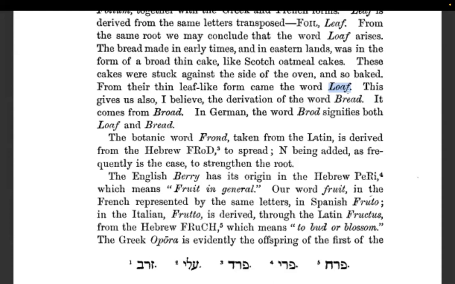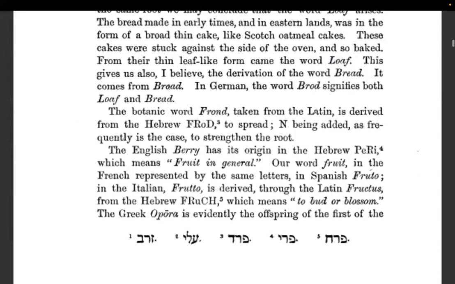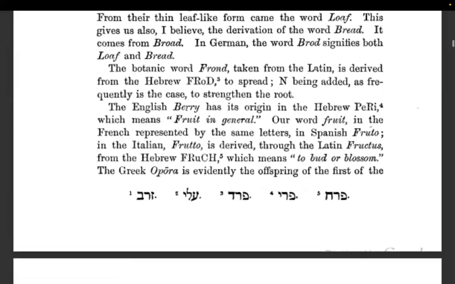So the F becoming a P or a B, and then you add the R from the Chaldean mixture, or the L becomes an R, and then you just have an added D there, which sometimes happened to other words, or it was a suffix that may have been added. But it says it comes from Brod or broad. In German, the word broad signifies both loaf and bread.